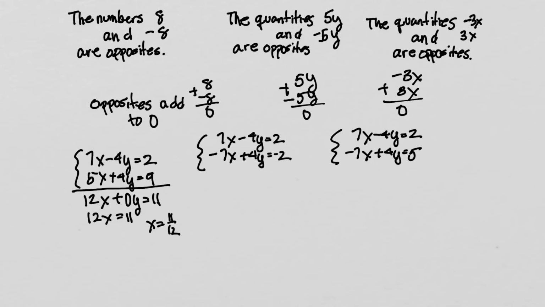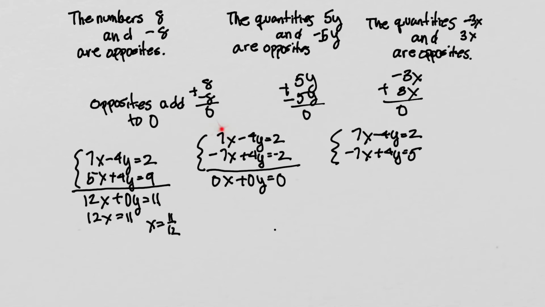Now let's take a look at this set of equations here in the middle. See what happens when we add these together. You can notice that the 7x and -7x are opposites. So when we add these together, we're going to get 0x plus 0y equals 0.